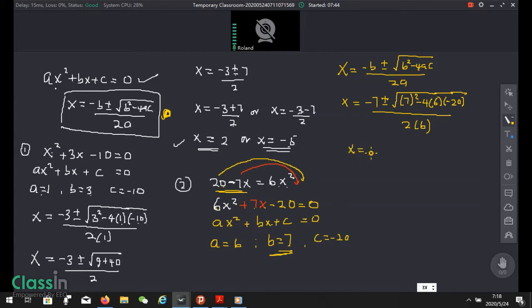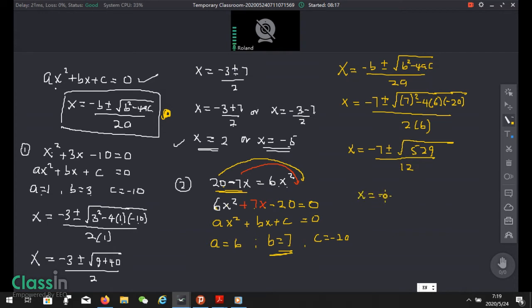So x will be negative 7 plus or minus the square root of, we can use a calculator to evaluate this. We have 7 squared minus 4 times 6 times negative 20. You can multiply them together using a calculator. That gives 529 over 12.